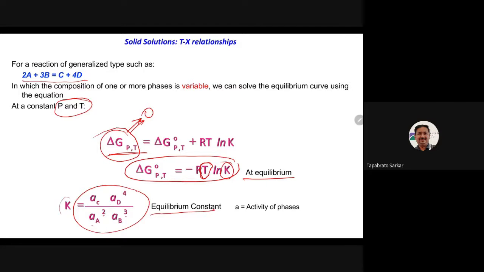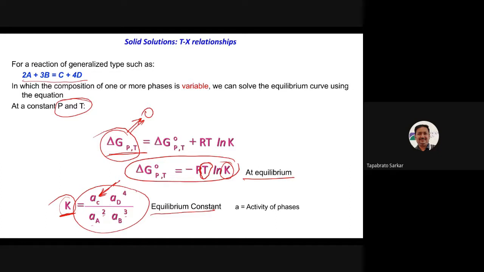Now to find out K, we need to know the activities. This activity term is directly proportional to the compositions of the minerals which we measure. So basically, this term K in this reaction can be found out from the compositions of the minerals.